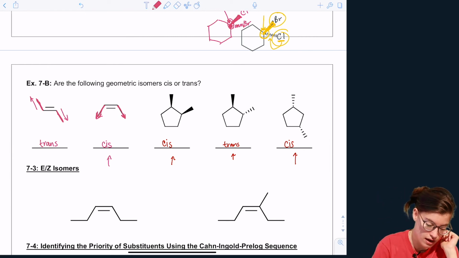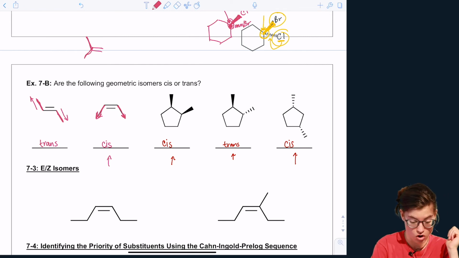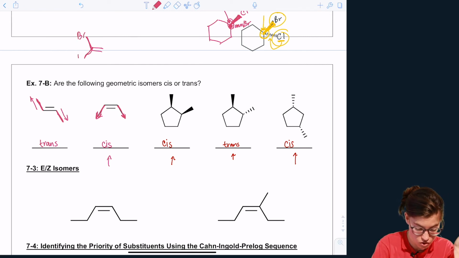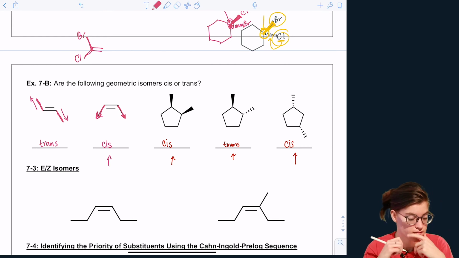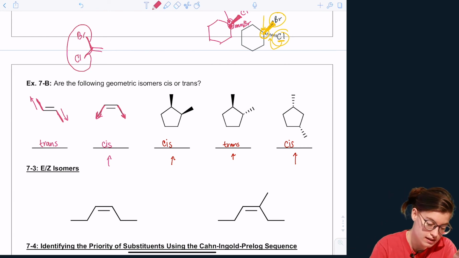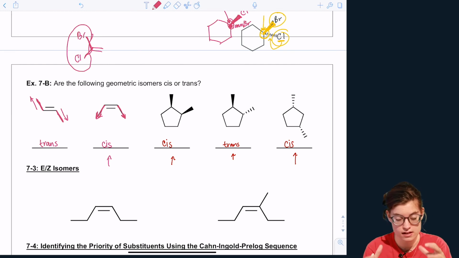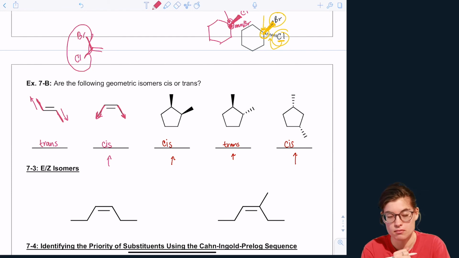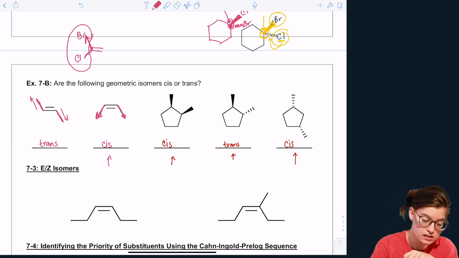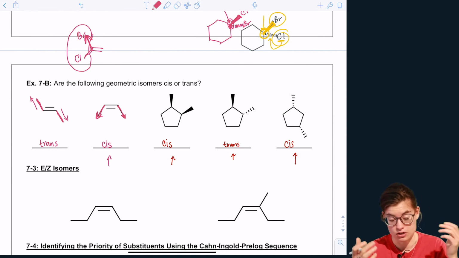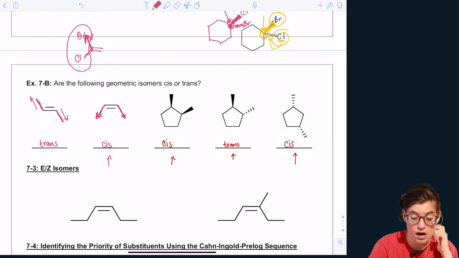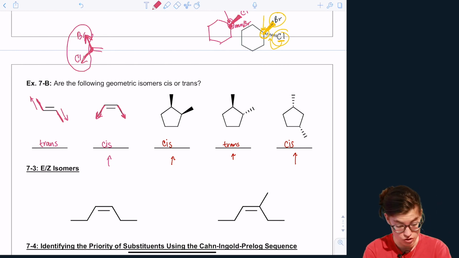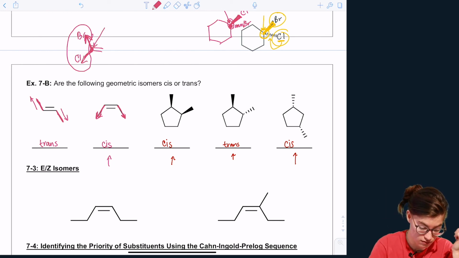Now, if I had a double bond and both of my substituents were on the same carbon, for example, a bromine and a chlorine again, right? I could not use this relationship, cis-trans, to describe the bromine and the chlorine because, again, when they're bonded to the same carbon, one of them needs to be going in the upward direction, if you will, and if the chlorine is bonded to the same carbon, it has to be going in the other direction based on the geometry of this carbon.